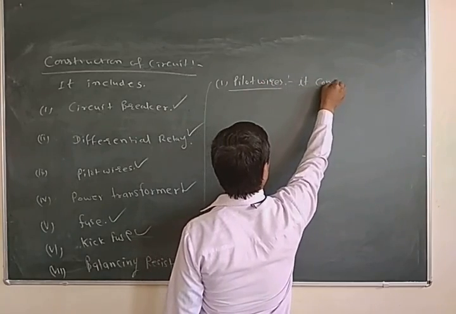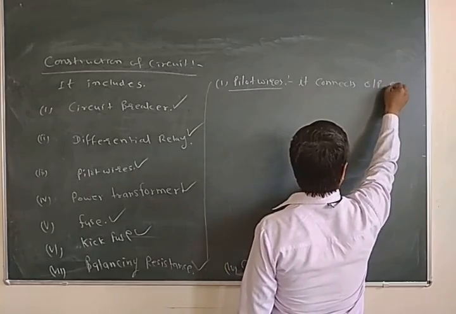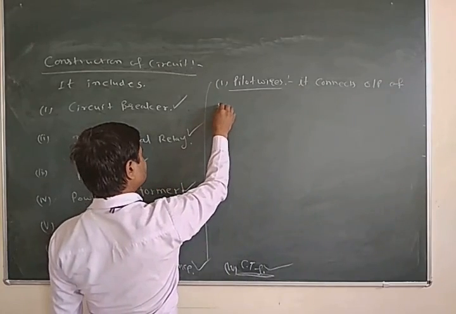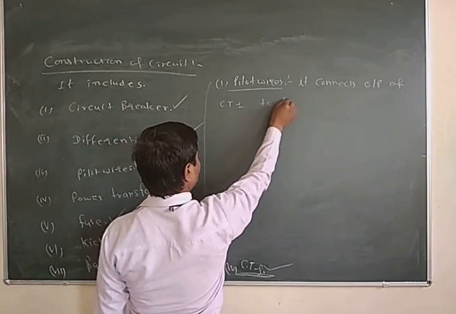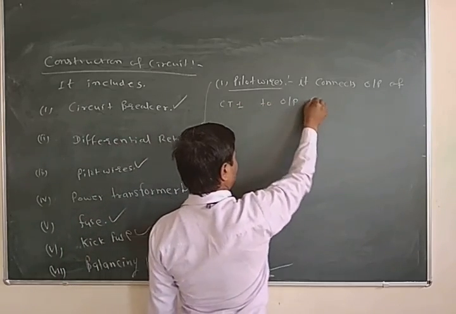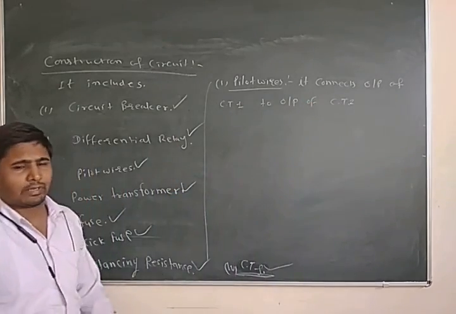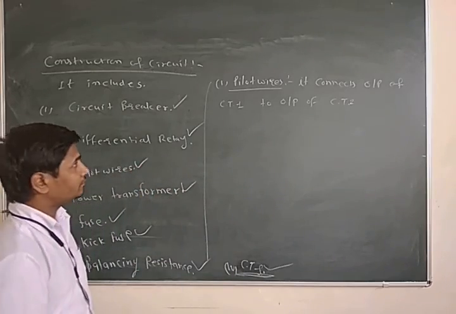It connects the output of CT1 to the output of CT2. That means the pilot wire is used to connect the primary CT output to the output of the secondary CT.